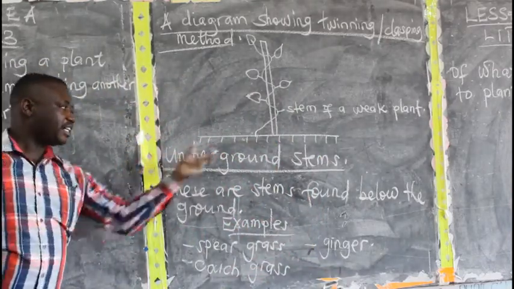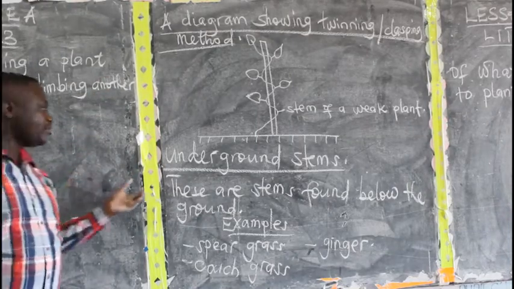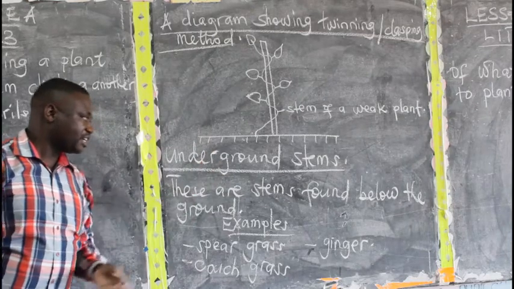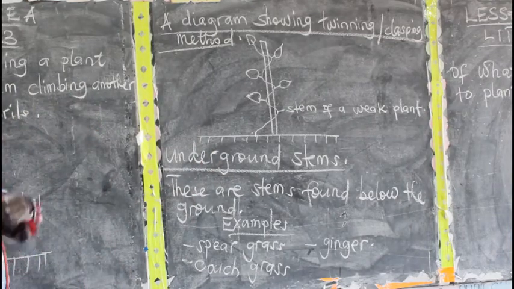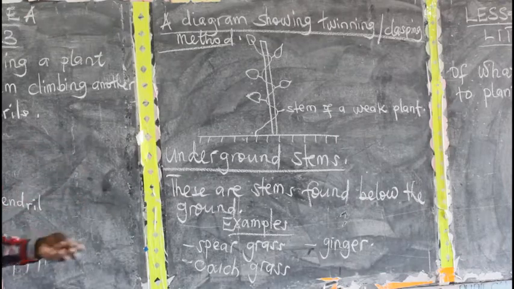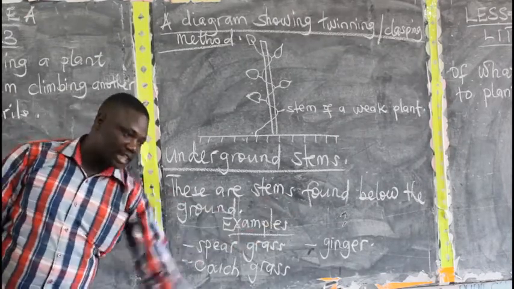Then we look at underground stems. Having looked at these two diagrams, we move forward and discuss something about underground stems. What are underground stems? Underground stems are stems that are found below the ground, underneath the soil.